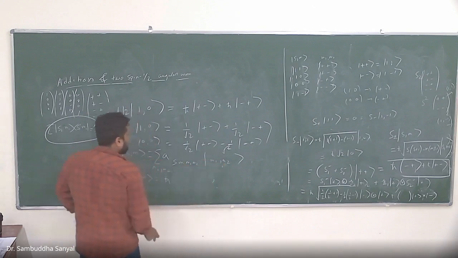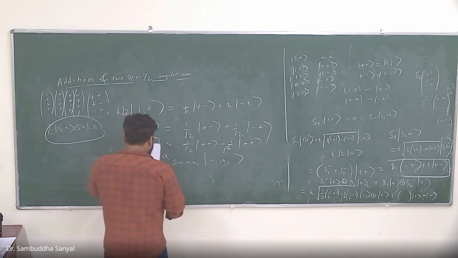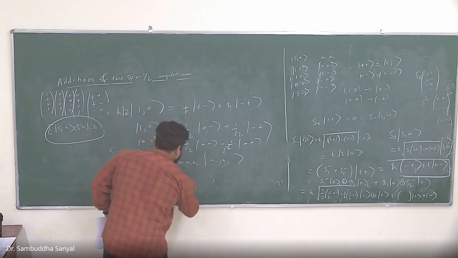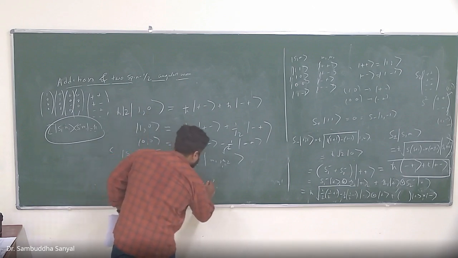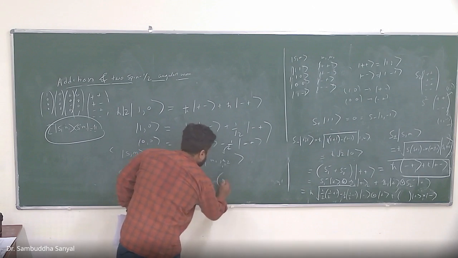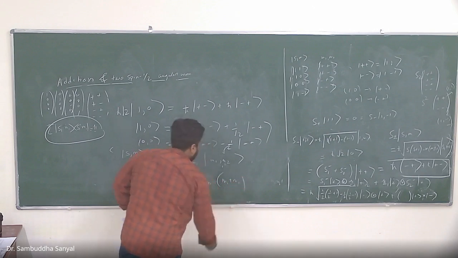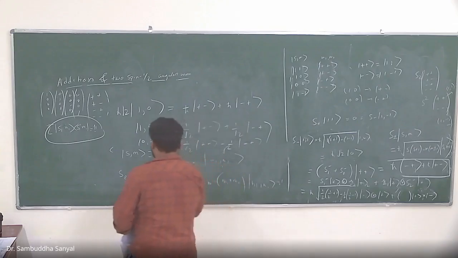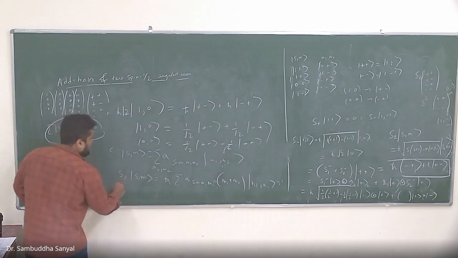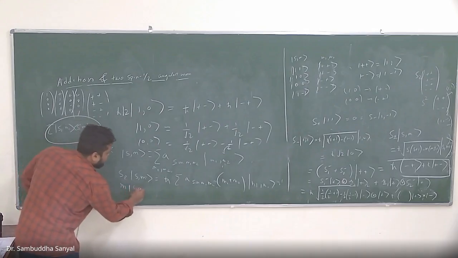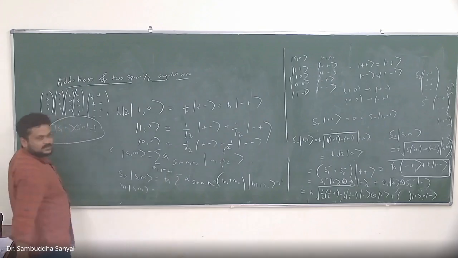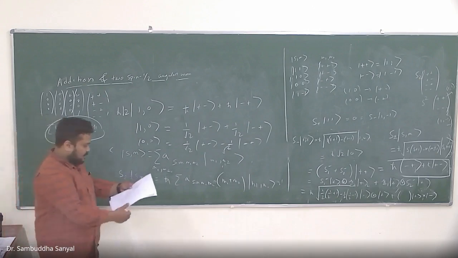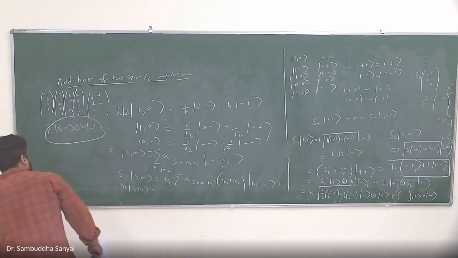S1z and S2z will act on this, will give you h bar A Sm M1 M2 times M1 plus M2. So it will always get this thing. This M of Sm will be equal to this.